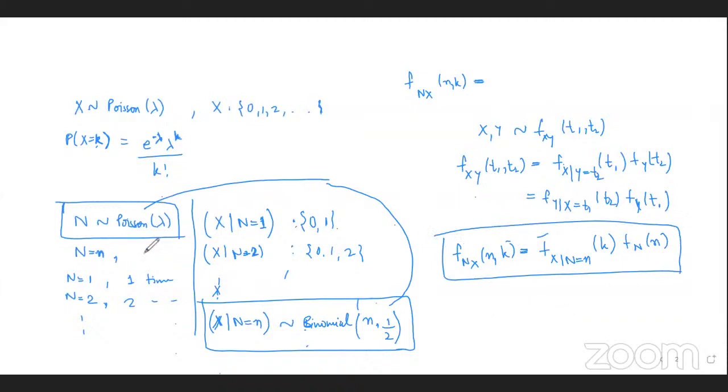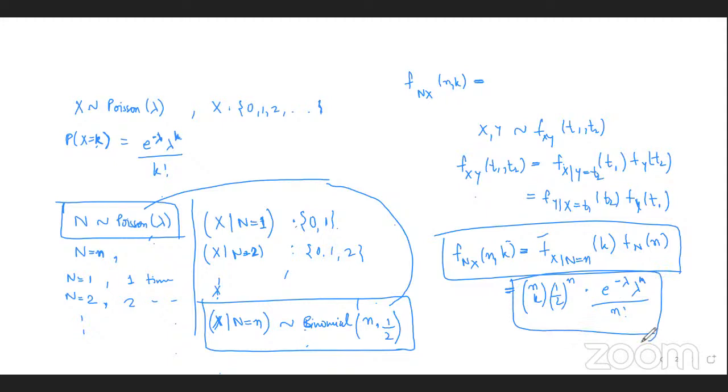We know both, so you just have to substitute the values. This is n choose k, p to the power k, (1 minus p) to the power n minus k, times e to the power minus lambda, lambda to the power n by n factorial. So this will be your joint distribution.